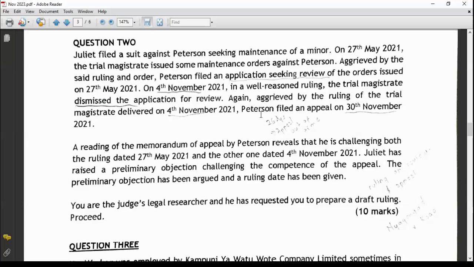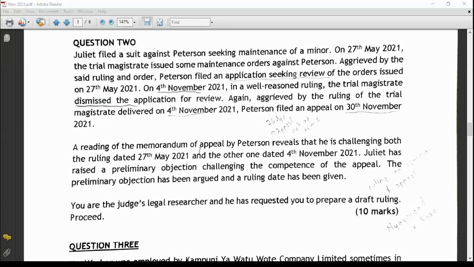They are the heading, the facts, the issues, the submissions by the parties, the analysis, how the judge found, and the disposition. So you must know the contents of a ruling, how it looks like.